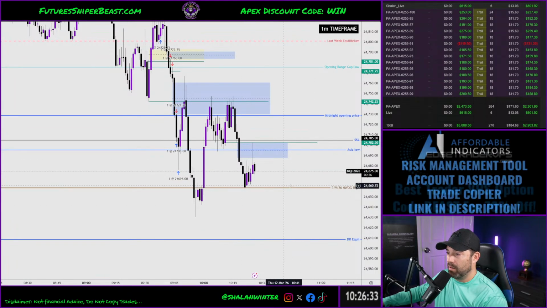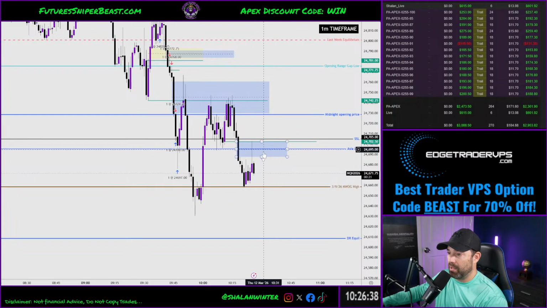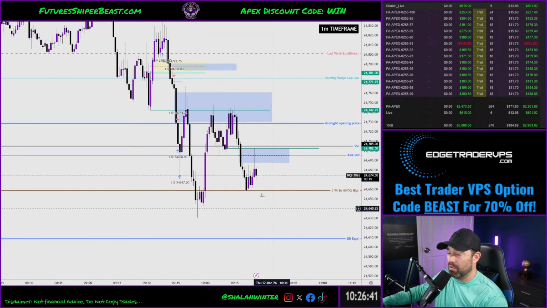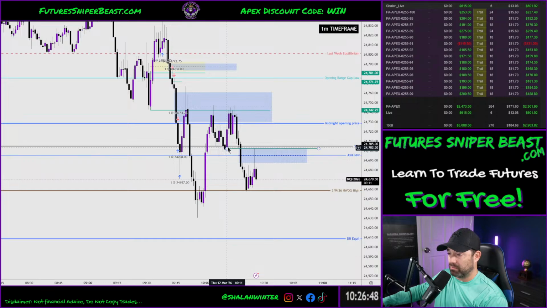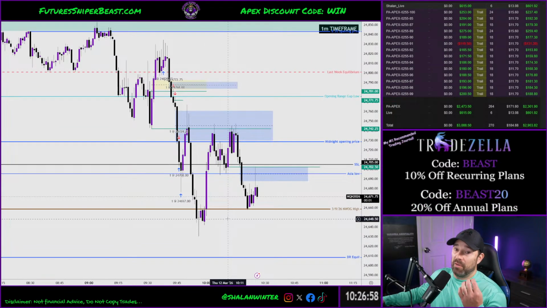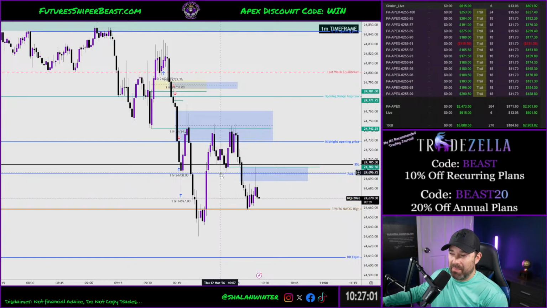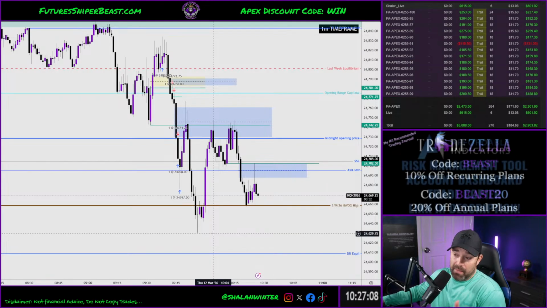Off this new week opening gap right here, you have a little volume imbalance right there. But like I said, this right here, if we're going to go short, should respect this SIBI. Overshot right to this order block. I mean, this might be an order block. I'm still not the best at identifying. There's some that I'm like, that's for sure an order block, and then sometimes y'all hear me say a lot of times "potentially an order block." That's because it might be one and I might not know for sure.